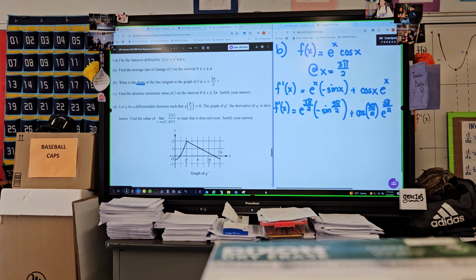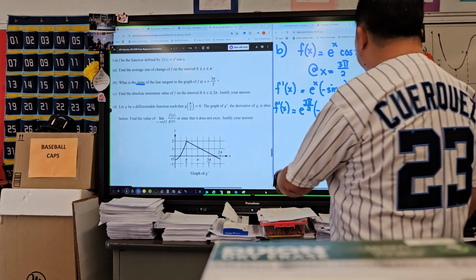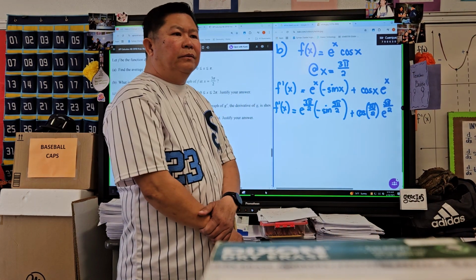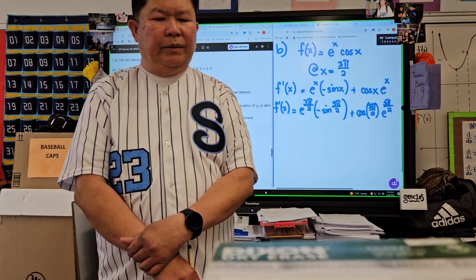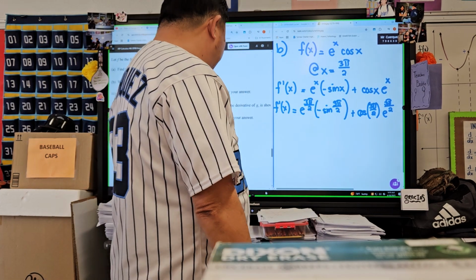Can we just leave it as e to the power of 3 pi over 2? No, we're going to have to take the value of sine 3 pi over 2. So what is sine 3 pi over 2?